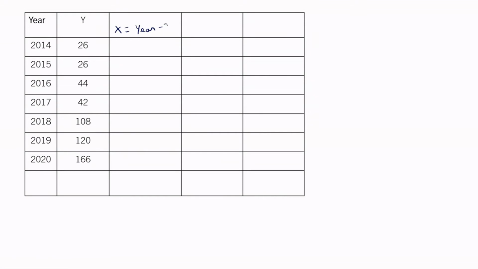So it is year minus 2017. So here we will have 2014 minus 2017, minus 3, then 2015 minus 2017, minus 2, then 2016 minus 2017, minus 1, 2017 minus 2017, 0, 2018 minus 2017 is 1, 19 minus 17, 2, 20 minus 17, 3.